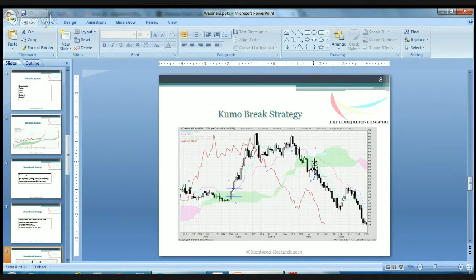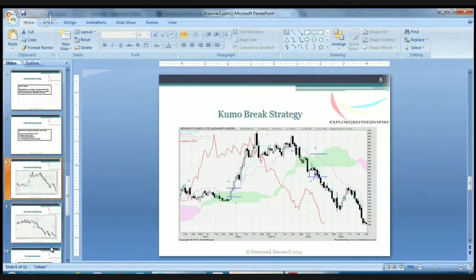The Tenkan is below the Kijun at this point. Future cloud is bearish. Stock closing below the Kumo. Shikao free and clear, giving you good momentum. So at this point, you're free to initiate a short trade, or buy some put options on this. And then enjoy the ride.